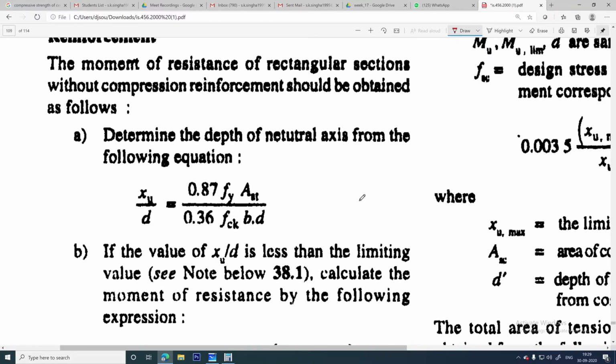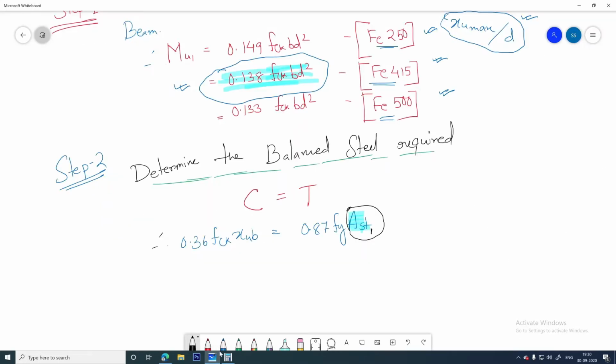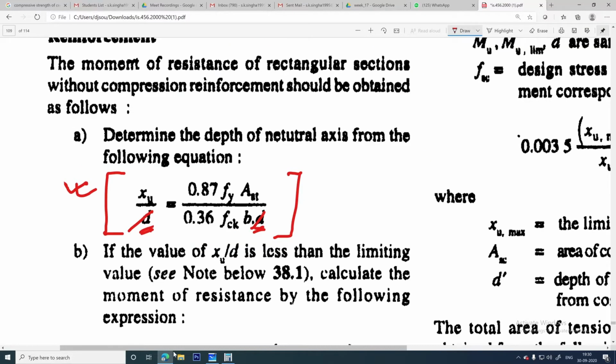Actually this formula and that formula are the same. Here they are divided by this D, and here it is multiplied with the D. So D and D can be cancelled, and the remaining portion will be the same as what we have written. So if you remember this concept, you can use this formula, or you can take the formula from the code, anyone.